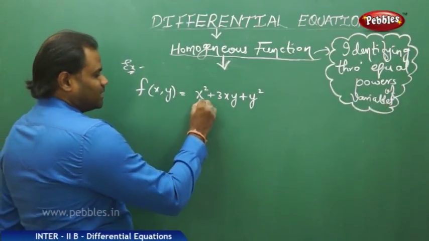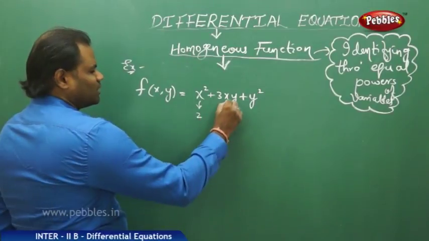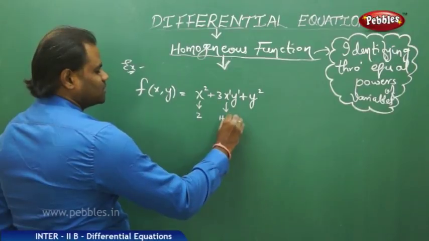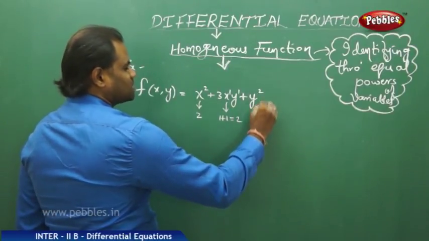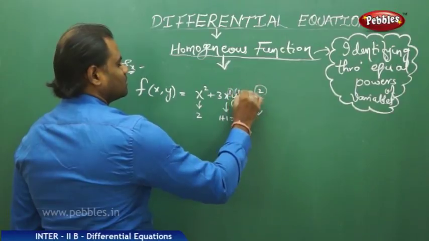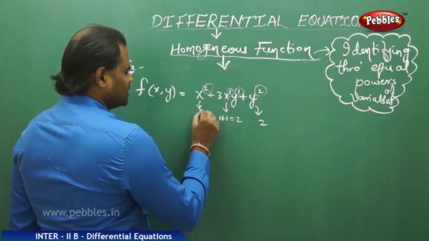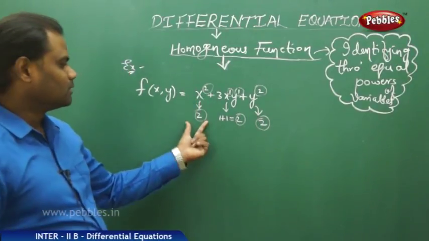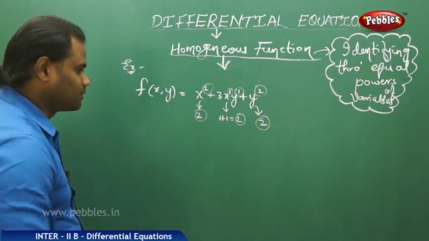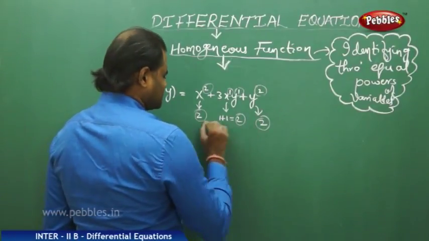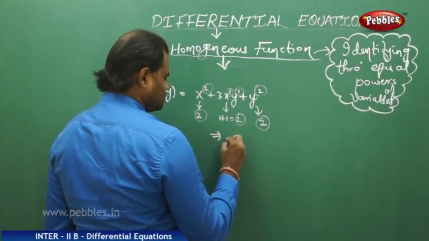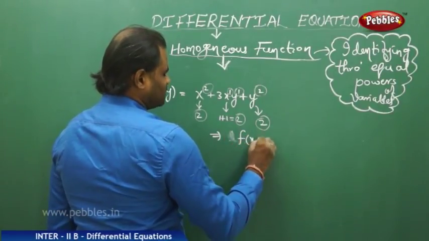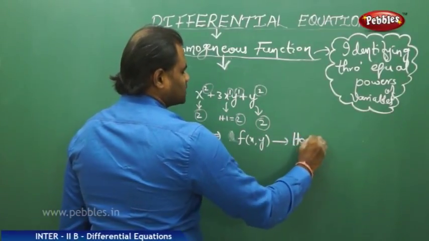The highest power of this variable is 2, this term has powers 1 and 1, that is 1 plus 1, which is again 2, and the power of this is also 2. I see that all are equal. Therefore, if we get each term with equal powers, then f of xy is a homogeneous function.